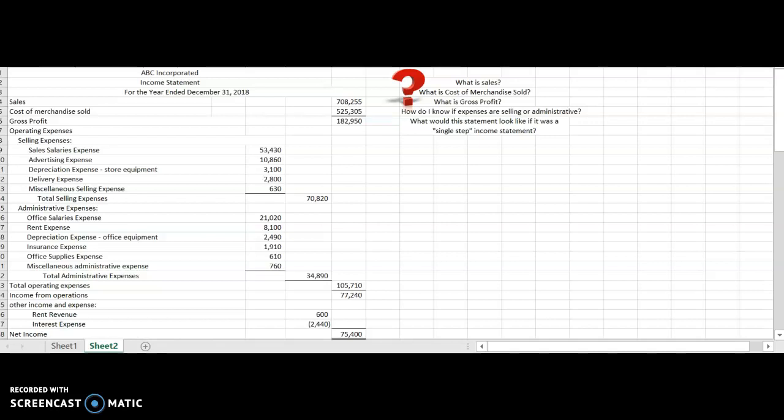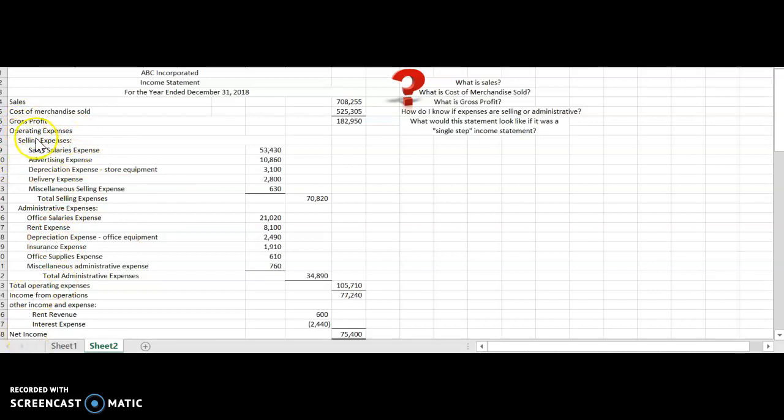But since we're actually working problems from the homework or the textbook, we actually have to have more information. So your problem is going to give you hints as to how to classify the expense. So I want to go over some of these hints that will help you be able to categorize it as either a selling, administrative, or other expense.